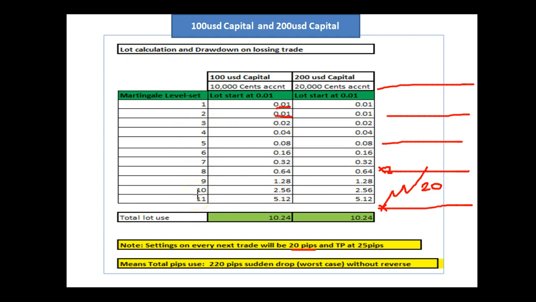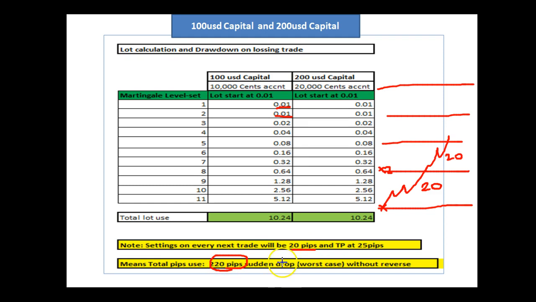You can go up to 220 pips if you set 20 pips. Let's say the market is still going up and doesn't reverse back, it's still 20 pips each. So a total of 11 multiplied by 20 pips is equivalent to 220 pips.